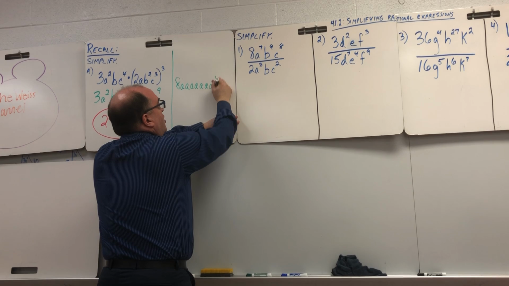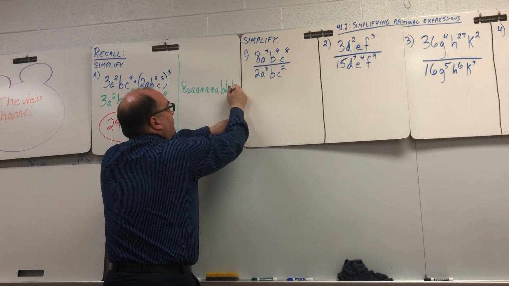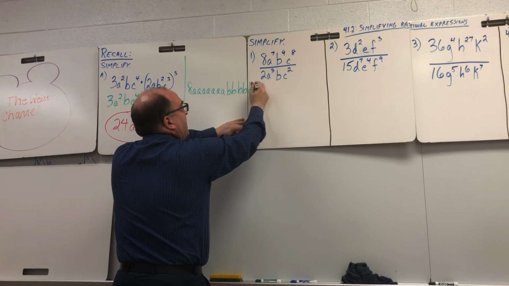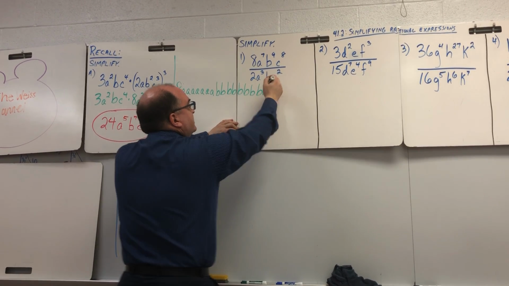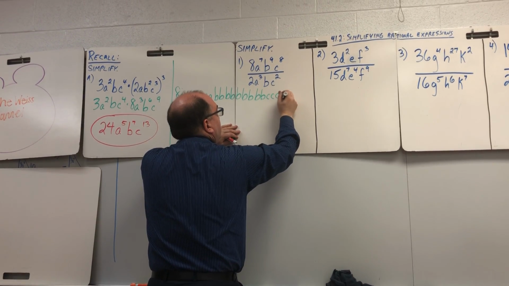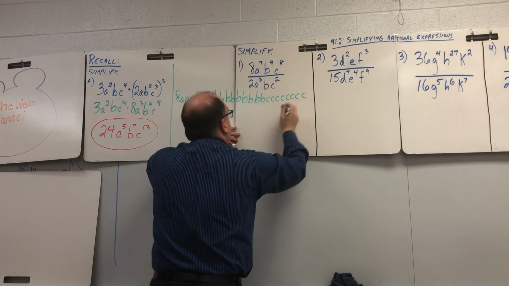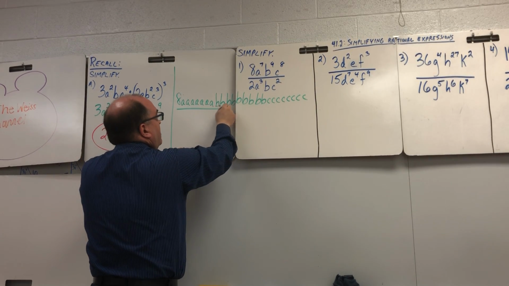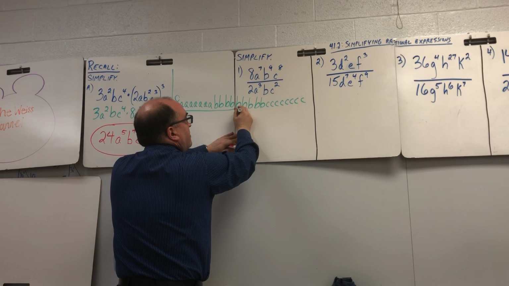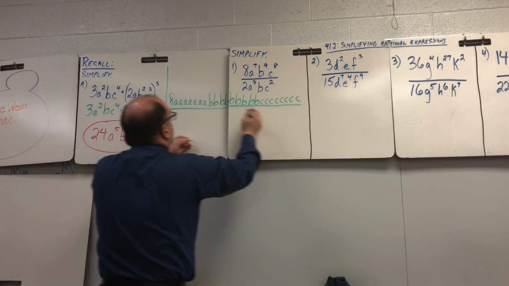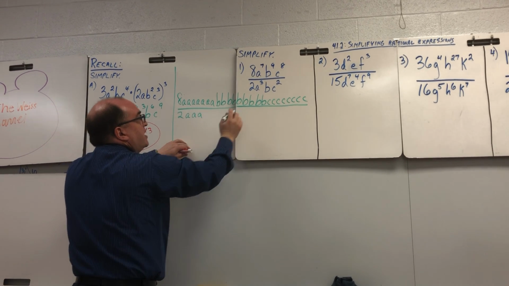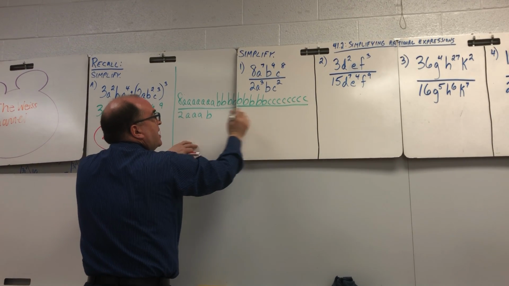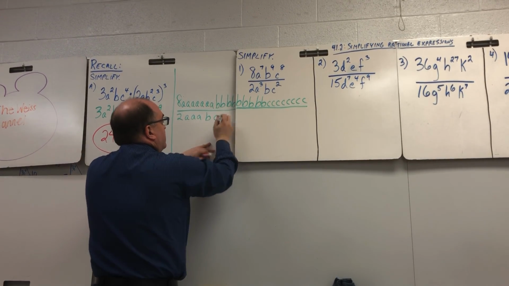B to the 9th, 1, 2, 3, 4, 5, 6, 7, 8, 9. C to the 8th, 1, 2, 3, 4, 5, 6, 7, 8. All over 2, a to the third, 1, 2, 3. B, and then c to the second.